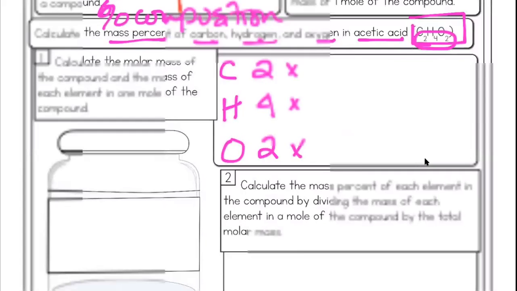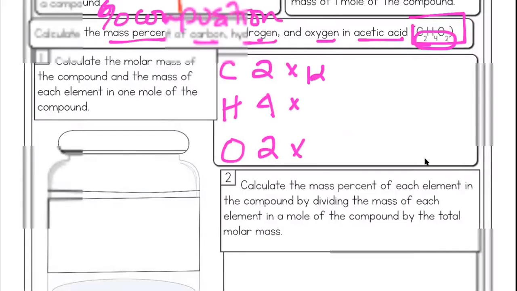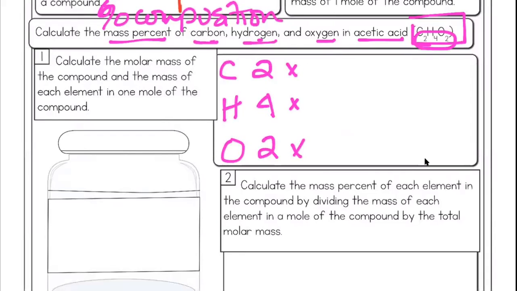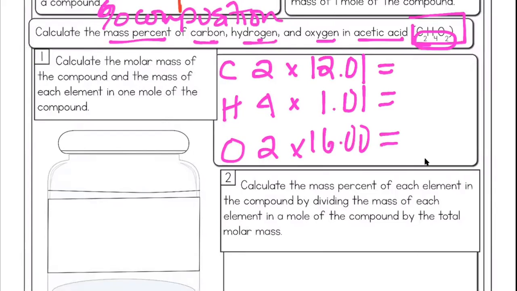So carbon was 12.01. Hydrogen was 1.01. And oxygen is 16.00. Okay. So what we will do then is multiply. So carbon 2 times 12.01, that is 24.02.